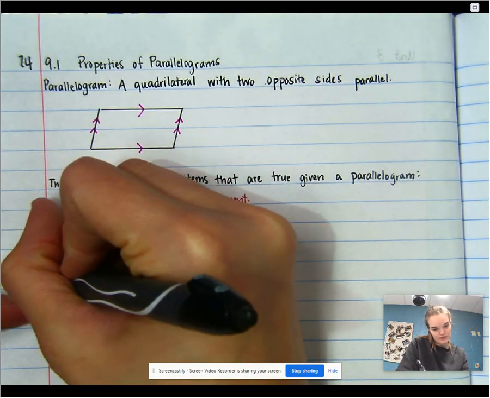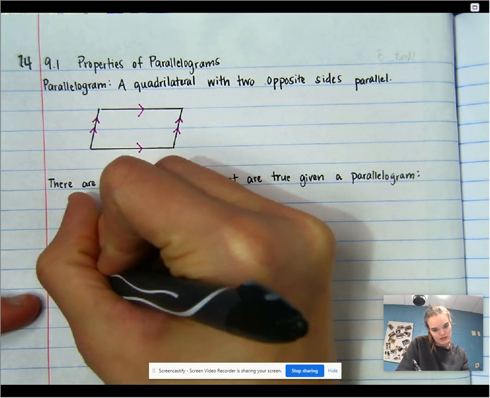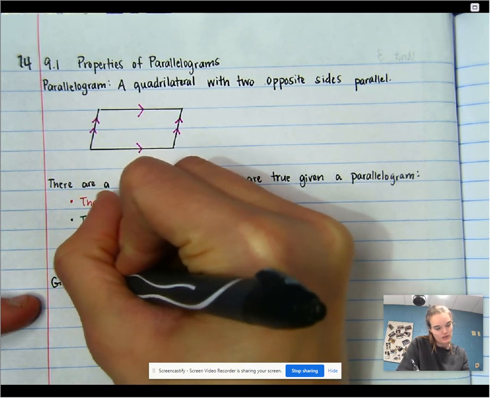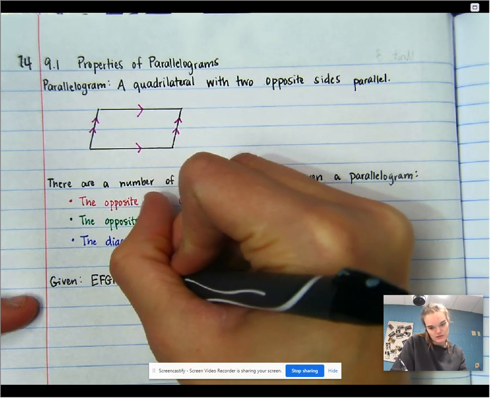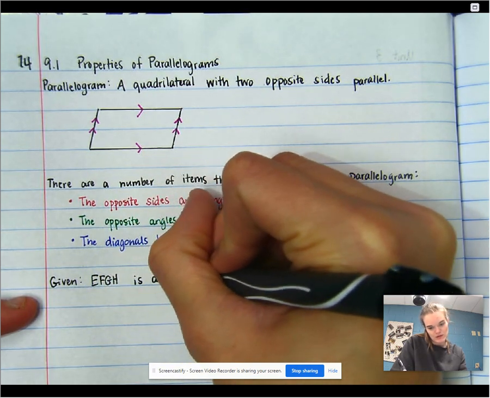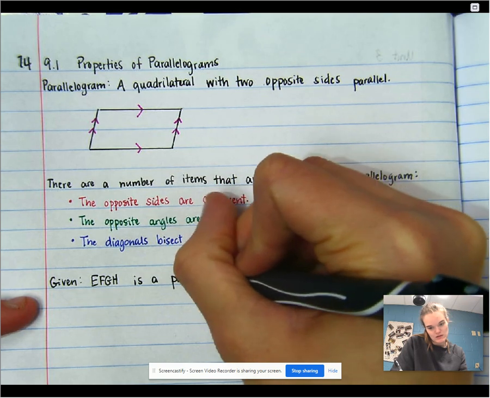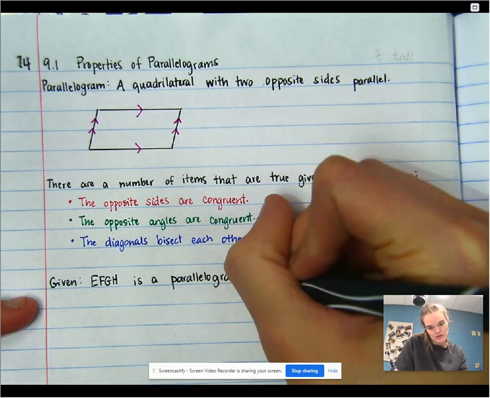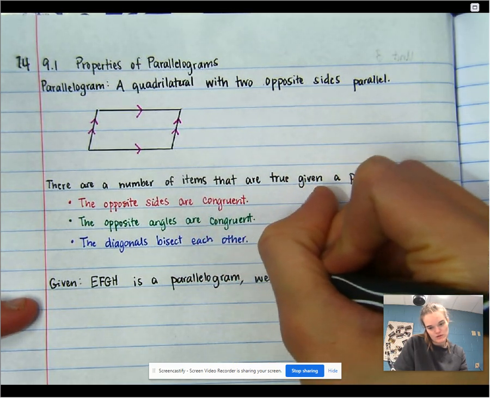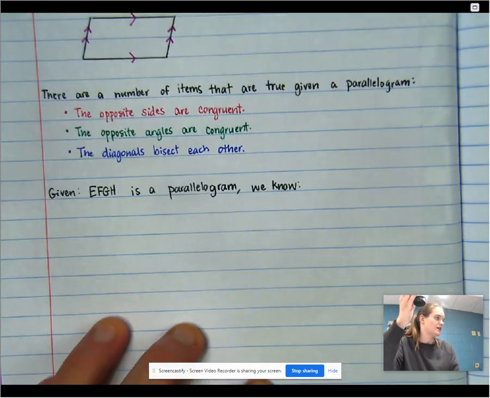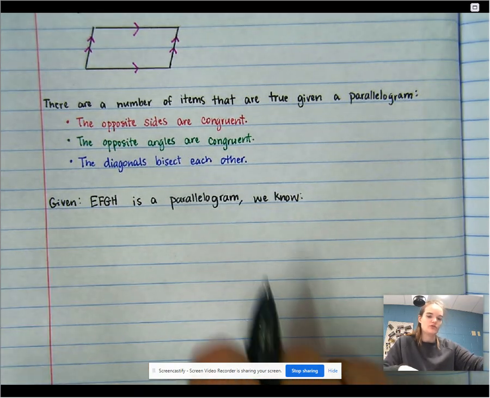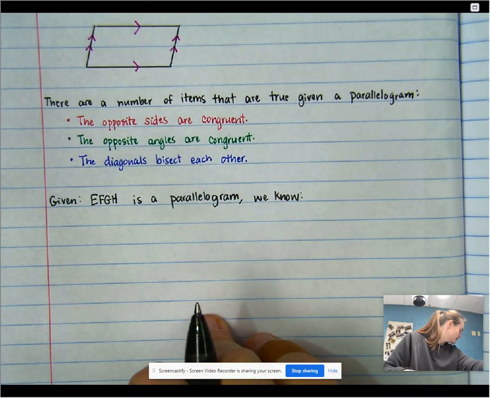So if we are given that EFGH is a parallelogram, then we know these 3 things. We're going to label them, but first let's draw EFGH. So I'm just going to draw a parallelogram just like I did right here.